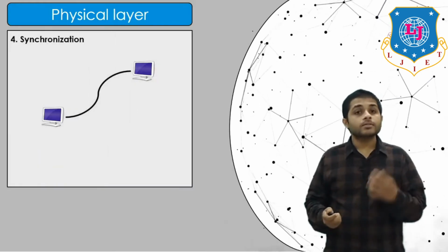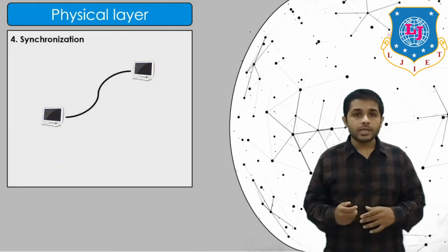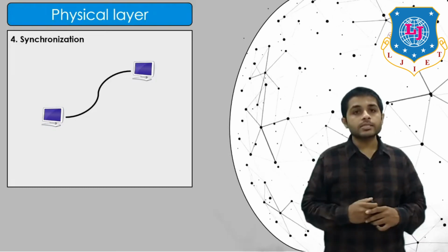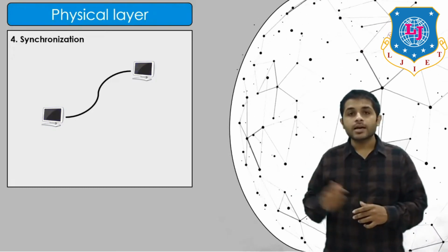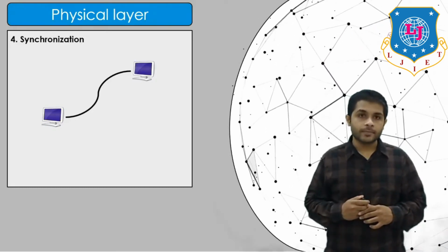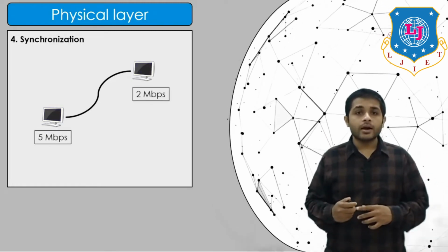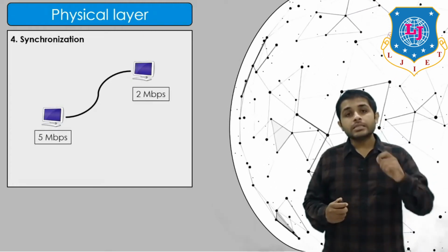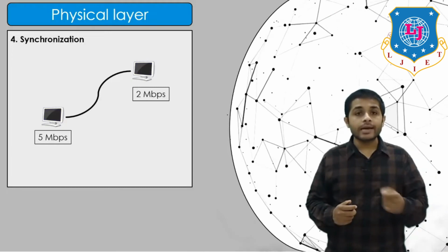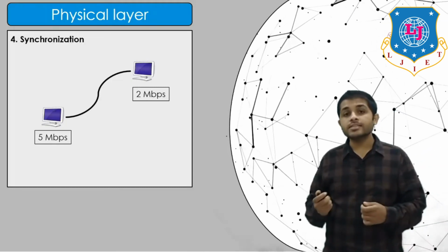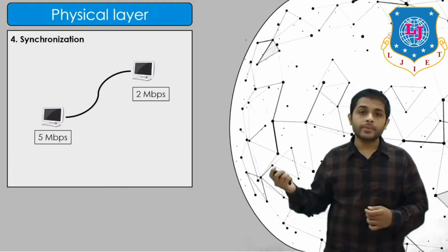Then synchronization. Now what is the meaning of synchronization? As you can see in the figure, two devices are connected via a link. The data rates are different, means one device is sending data at 5 Mbps, but the receiver is receiving data at 2 Mbps.